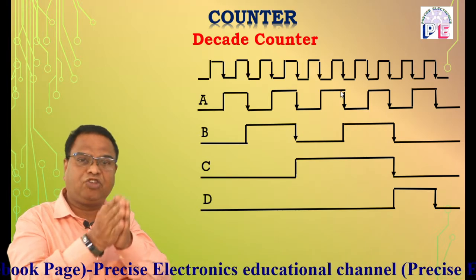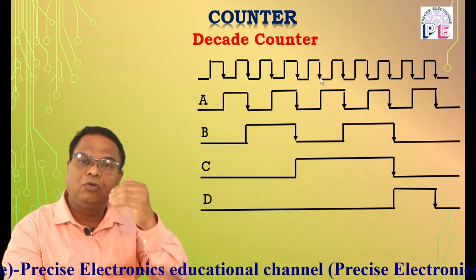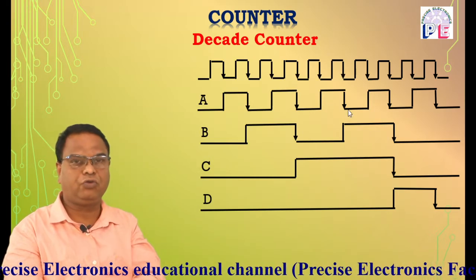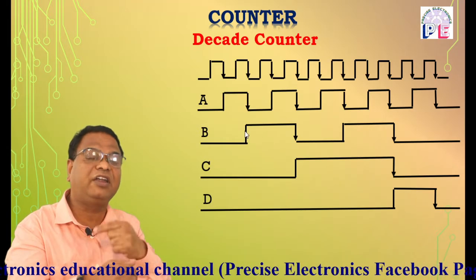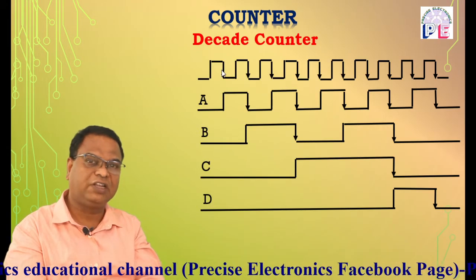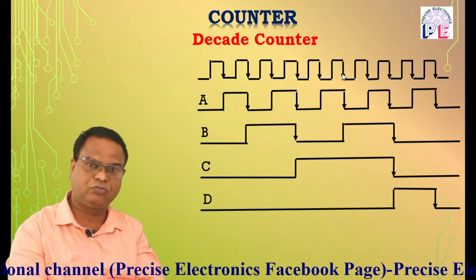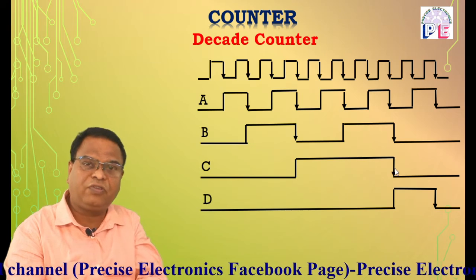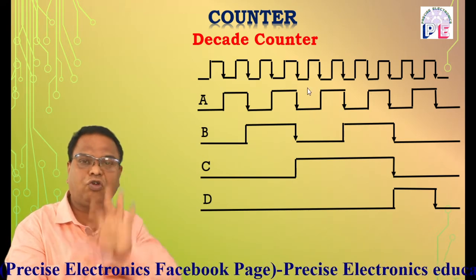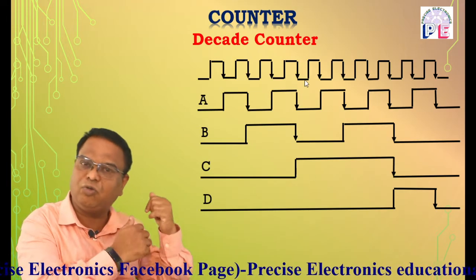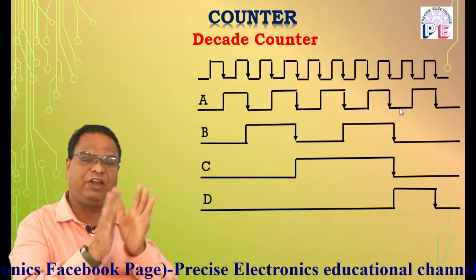At every negative edge of the input clock pulse, the A flip-flop changes its state from 0 to 1 or 1 to 0, while the B flip-flop changes its state at every alternate edge of the input clock pulse, that is second, 4, 6, 8, 10. The third flip-flop C toggles at the fourth clock pulse, then at the 8th clock pulse. Actually it is the 8th clock pulse.